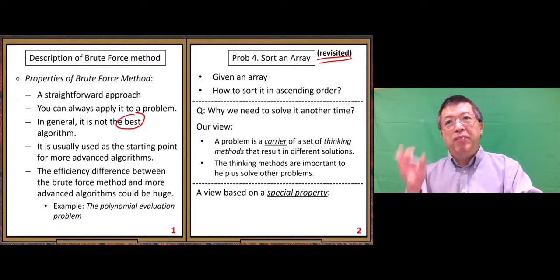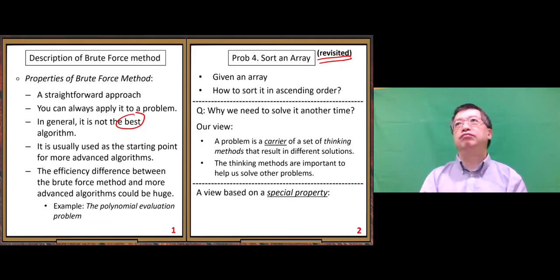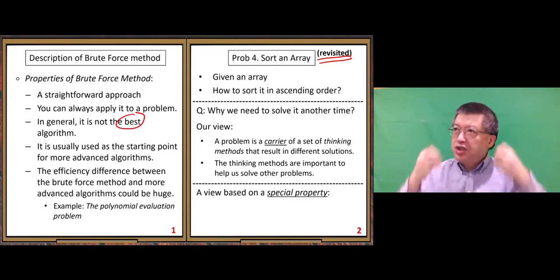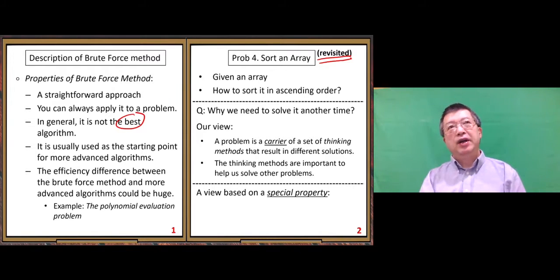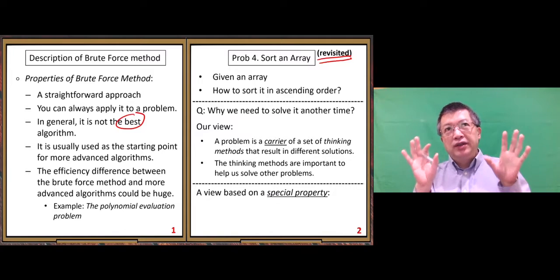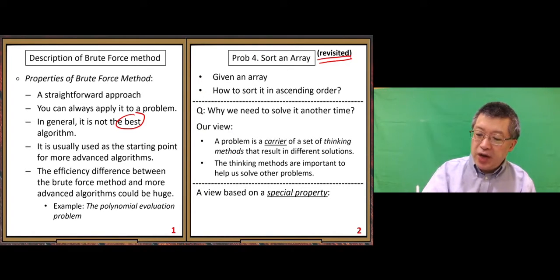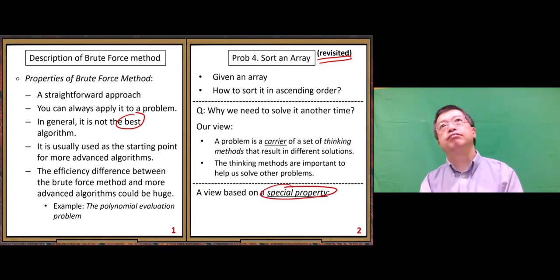A view based on a special property. So now we try to solve the problem. Now, we want to get started. How to start? Let me give you another frequent thing we need to do: try to find a special property in our current problem.